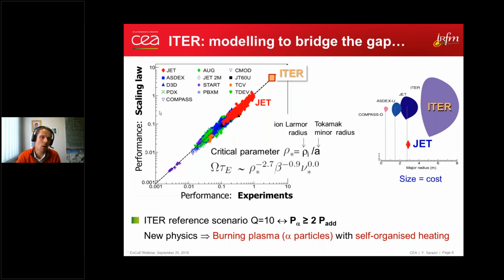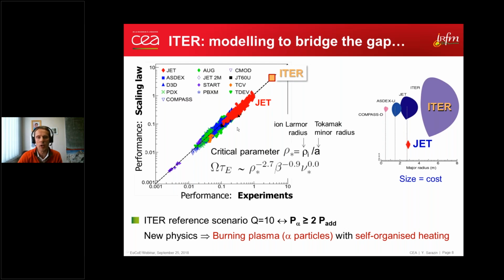Well, as you can see on this diagram here, plotting the energy confinement time experimentally measured in various machines as a function of a scaling law, which is a way to get those measurements of the energy confinement time on the same line with the smallest dispersion. And by getting the smallest dispersion, then you obtain the scaling law.